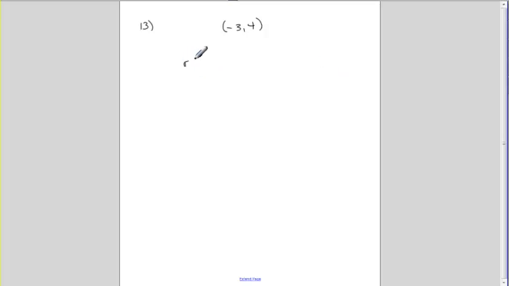And our 2 conversions are that r squared is x squared plus y squared, and that the tangent of theta is equal to y over x. So we can find r squared is just going to be equal to -3 squared plus 4 squared, which is 9 plus 16, which is 25.